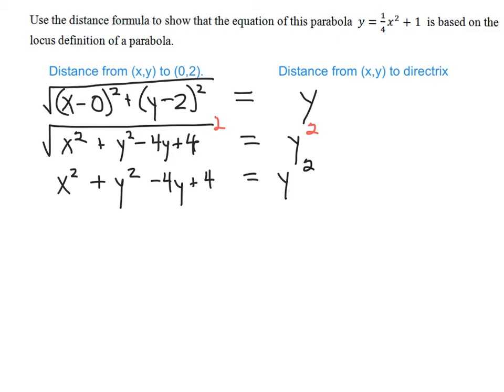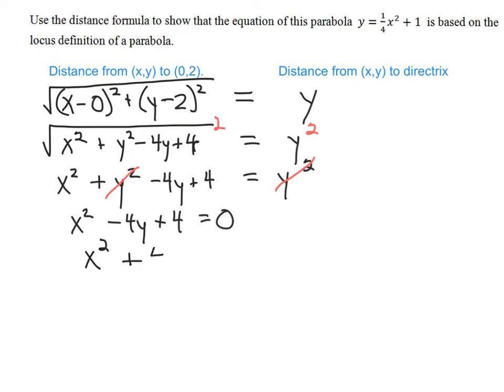Clearly, I can subtract y squared from both sides of the equation, so that cancels off the y squared and leaves me with x squared minus 4y plus 4 equals 0. Now I want to get my equation in this form right here, which means that I'm solving for the y. So to solve for y, I'm actually just going to move the y to the other side of the equation.